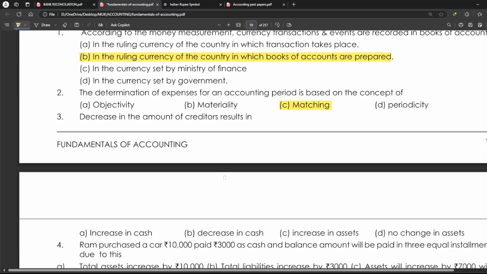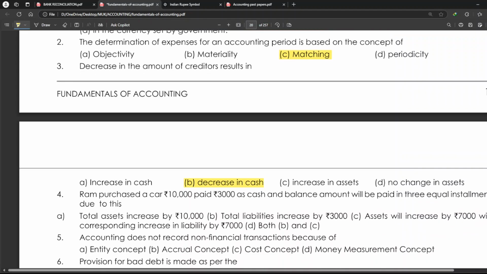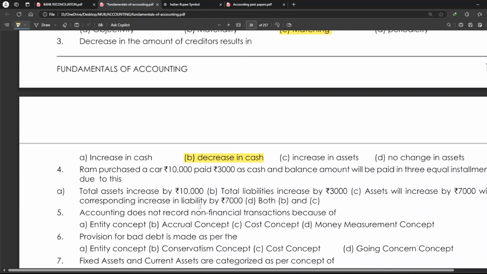C, increase in assets. D, no change in assets. And we see that our answer is B, decrease in cash, because we have paid some. That means a decrease in the amount of creditors, so it decreases cash.